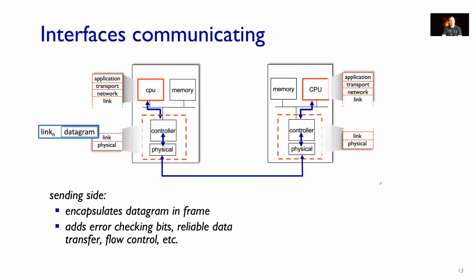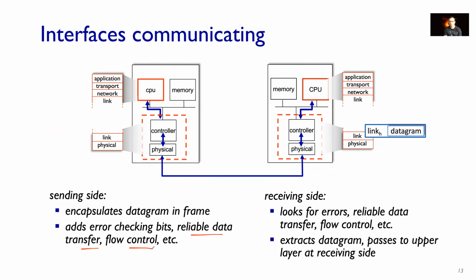When a datagram is pushed down, the link layer will encapsulate the datagram by adding certain header fields. These headers will depend on the specific protocol, but effectively they will be additional fields for implementing error checking, reliable data transfer, flow control, and so on. And the frame gets pushed out.